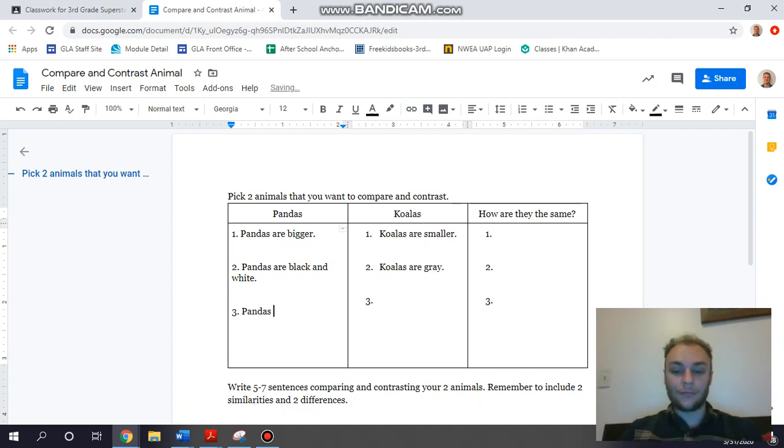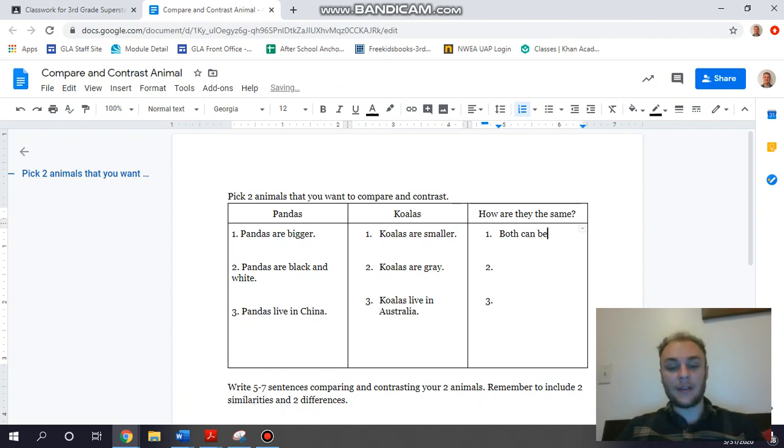Pandas live in China. Sometimes they're at zoos too. Koalas live in Australia. How are they the same? Both can be found in zoos.